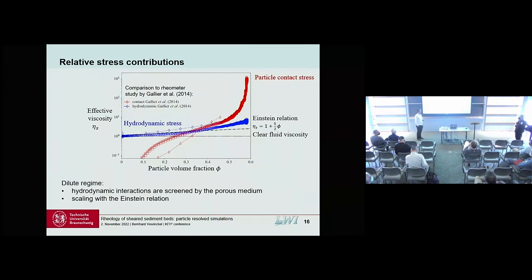In fact, I haven't understood the difference between the two red curves when the particle volume fraction is around 0.2. You said it, but I didn't grasp the difference between the two curves. When the solid fraction is around 0.1 or 0.2, what's the difference between the two curves? So this is our data, just the particle stress.